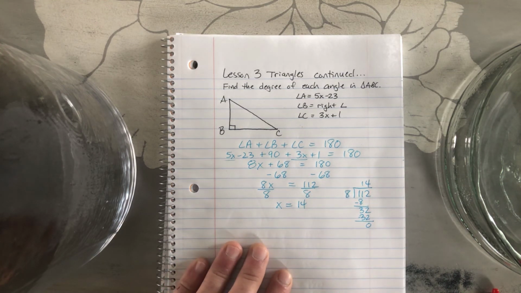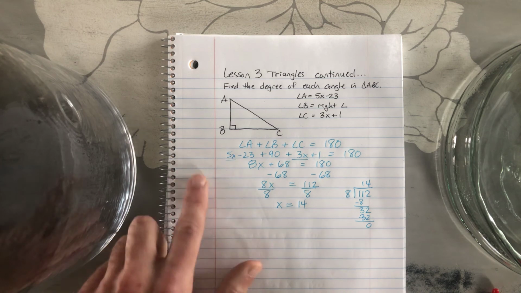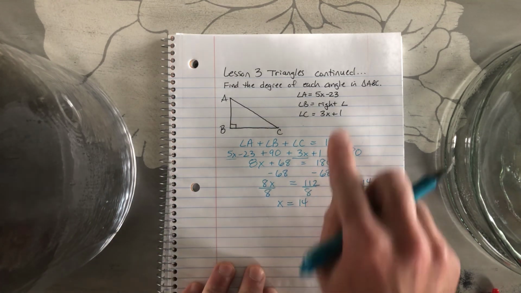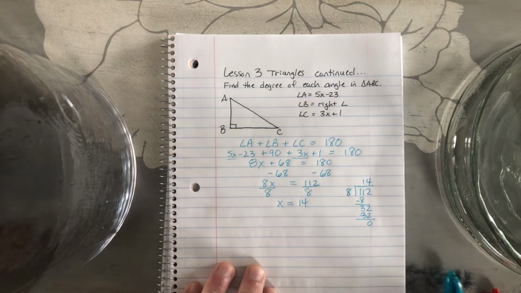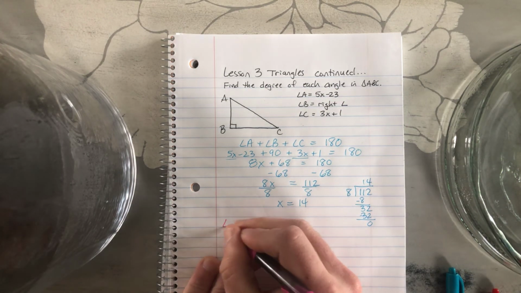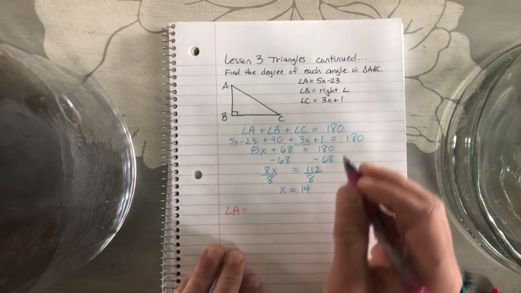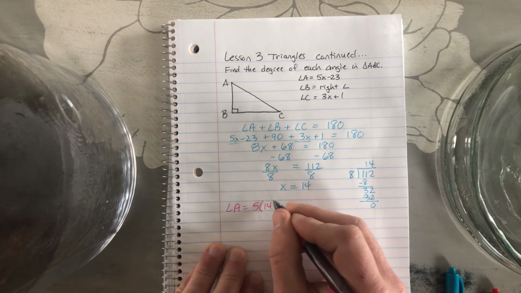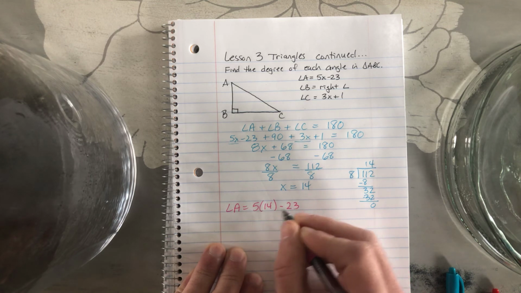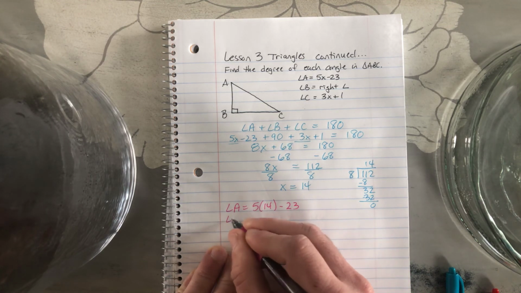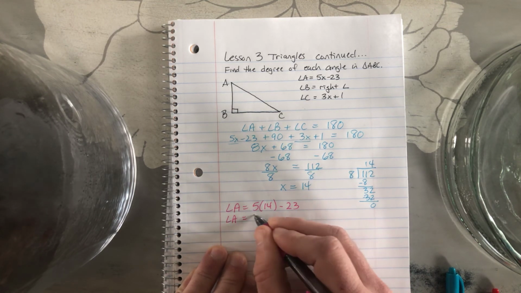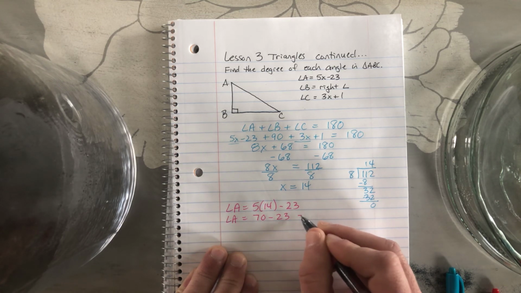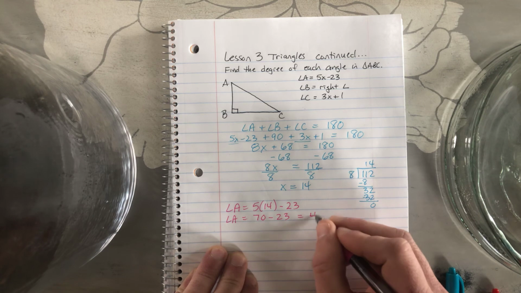Now we have to go back real quick because it does say up here to find the actual angle measurements. So if x is 14, we can figure out that angle A is going to be 5 times x, which is 14, minus 23. So angle A is 5 times 14 is 70. Minus 23, which is 47.